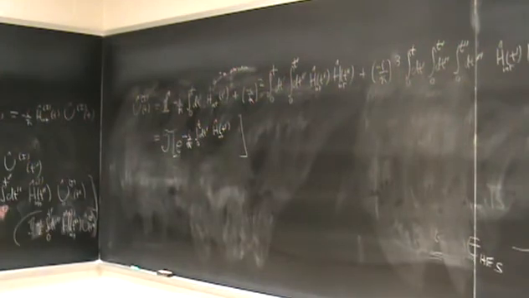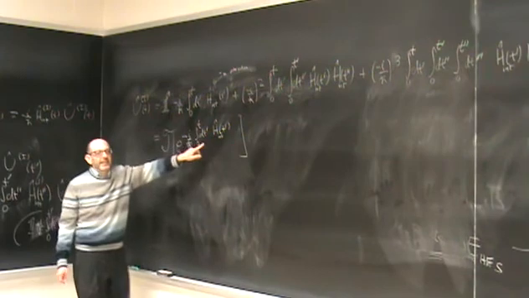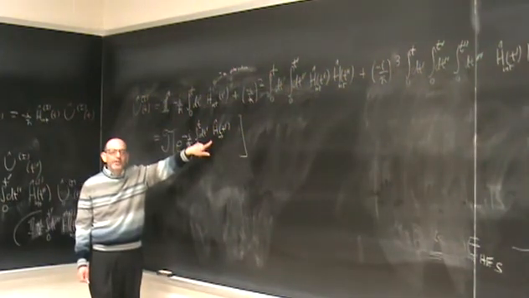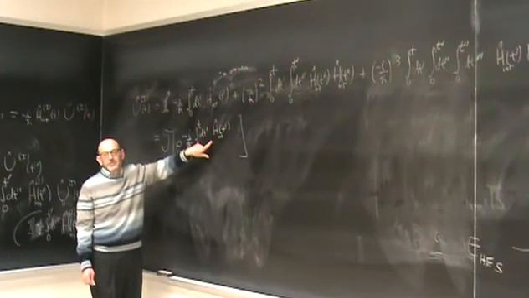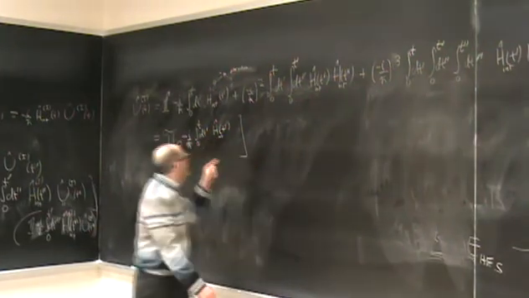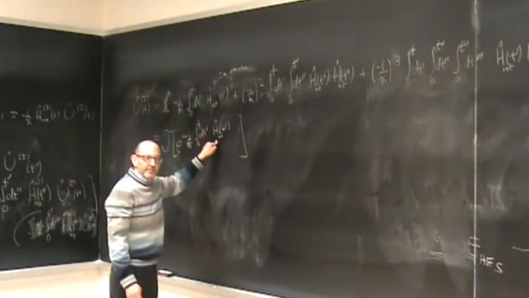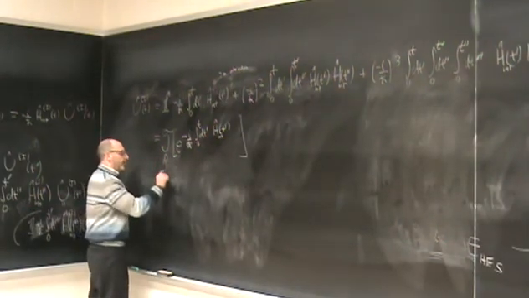Now, this is the expression that we would have if the operator commuted with itself at different times. But I claim that it's not the solution generally, because generally this thing doesn't commute with itself at different times. Okay? This operator is known as the time ordering operator.